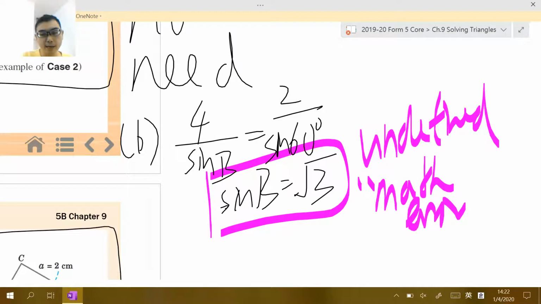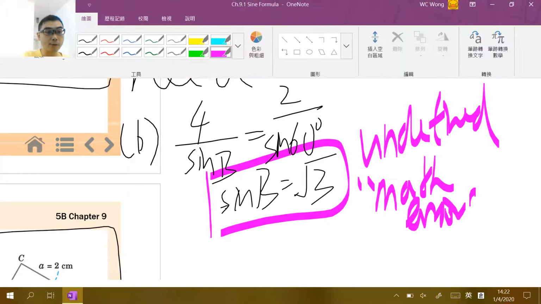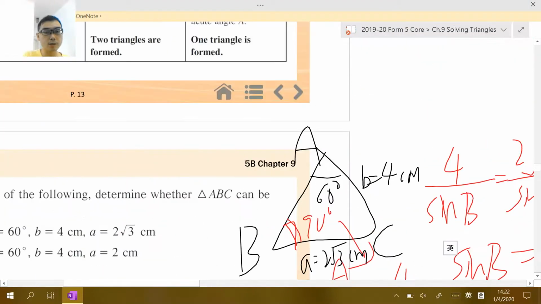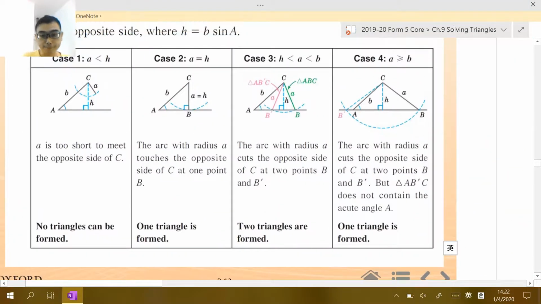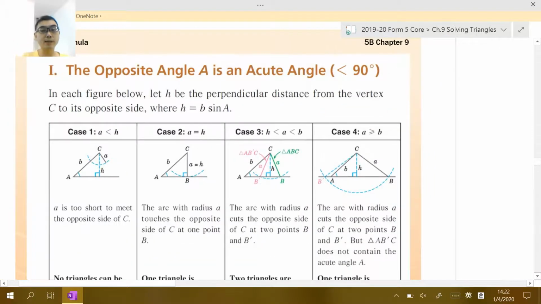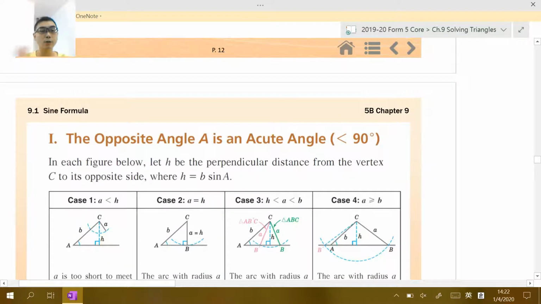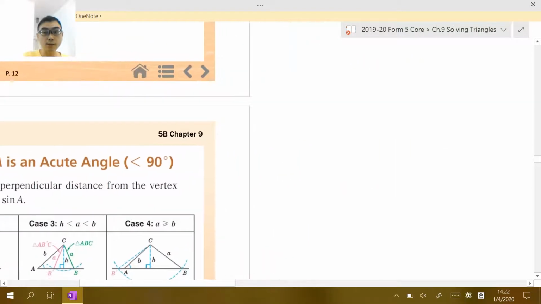Because there is an error in your work, that means it gives you a problem. So what is the problem here? Now I would like you to take a look at what the book gives you in the figure. This figure shows you the possibilities when we talk about the SSA case, that means when I give you two sides and an angle, so the two sides and the opposite angle are known.